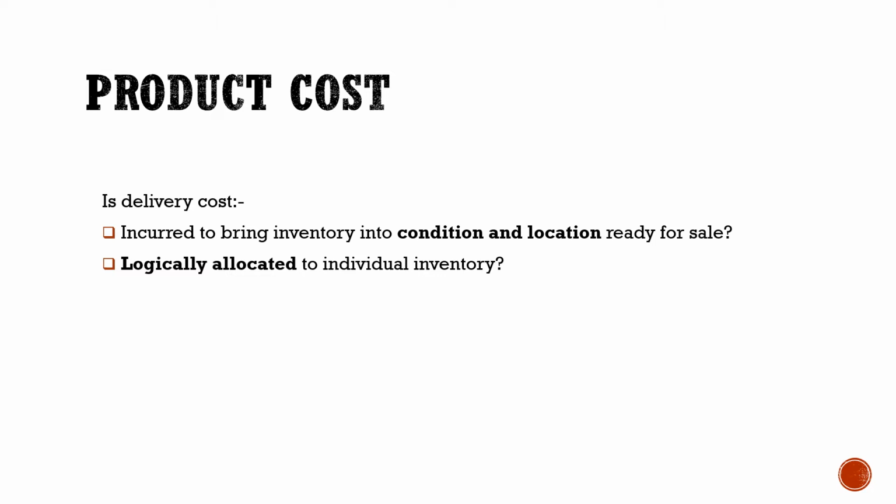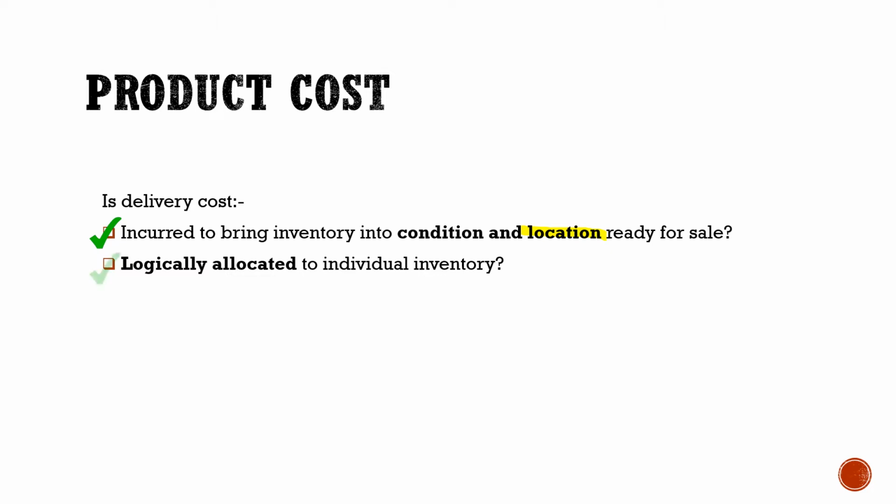We ask, is delivery cost incurred to bring inventory into condition and location ready for sale? In this case, yes, because delivery is incurred to bring the inventory into location ready for sale. The next question that we ask is, is delivery cost logically allocated to individual inventory?